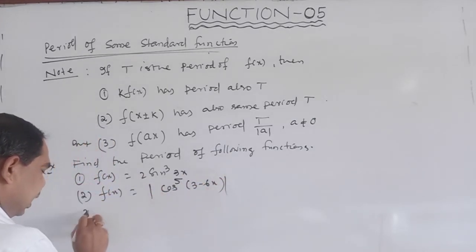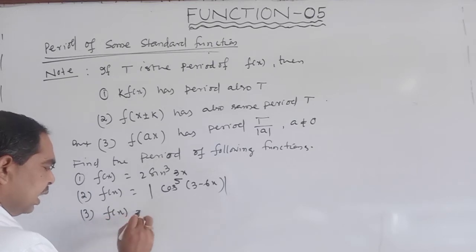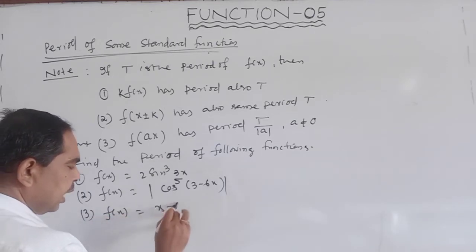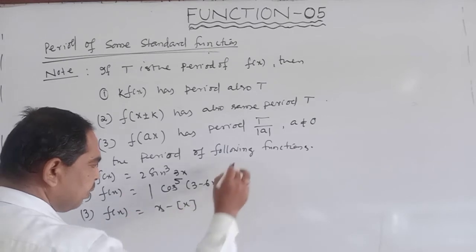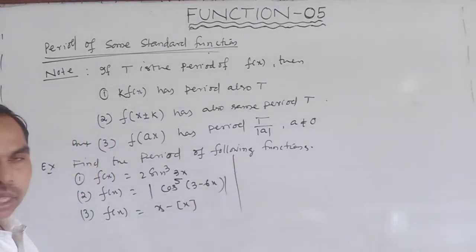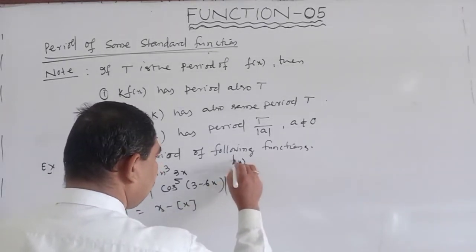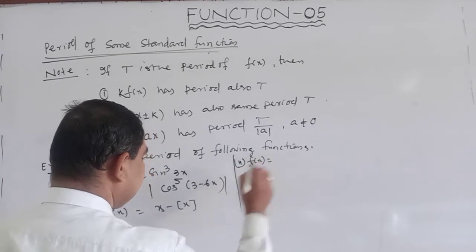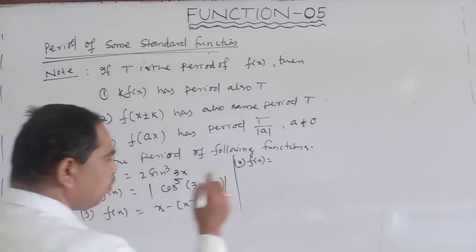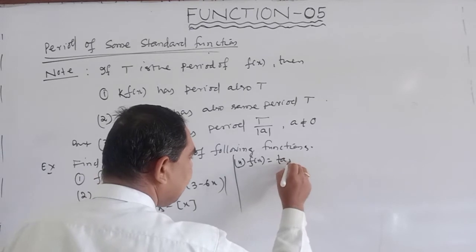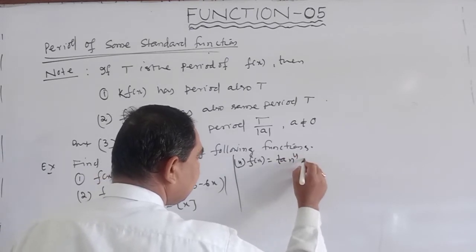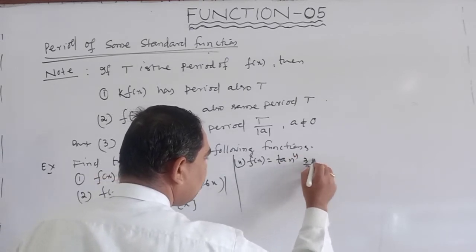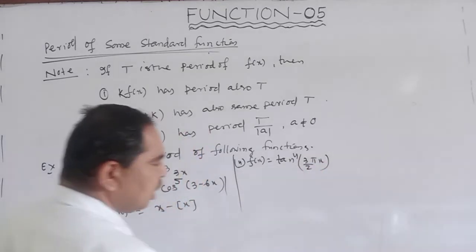Next, 3: f of x is equal to simply x minus square bracket x. 4: f of x is equal to tan 3 by 2 pi x.